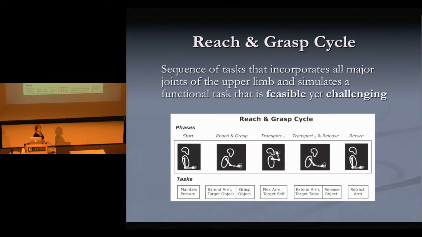It's a sequence of tasks that incorporates all major joints of the upper limb and simulates a functional task that is both feasible for the child with cerebral palsy and yet challenging enough to reveal motor deficits. So the child is seated at a table with their arms flexed. They're asked to reach forward, grab a cup, bring it up to their mouth to simulate drinking, return the cup to the table, and bring the arm back to resting.